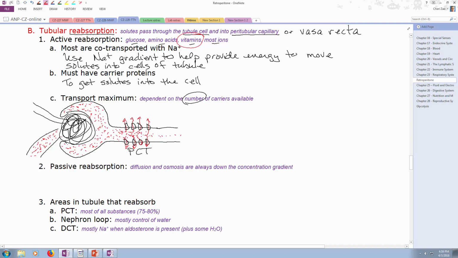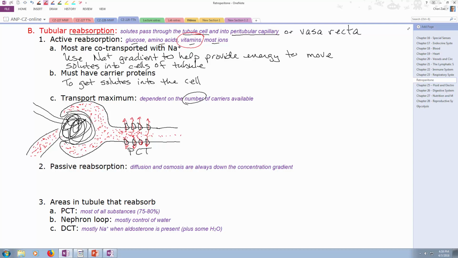Vitamins. Vitamin C is what? Fat soluble or water soluble? Water soluble. So vitamin C is in the filtrate. And when you take a big vitamin C tablet, 500 milligrams of vitamin C, what do you notice? Your pee is suddenly full of vitamin C. And that's the same process.